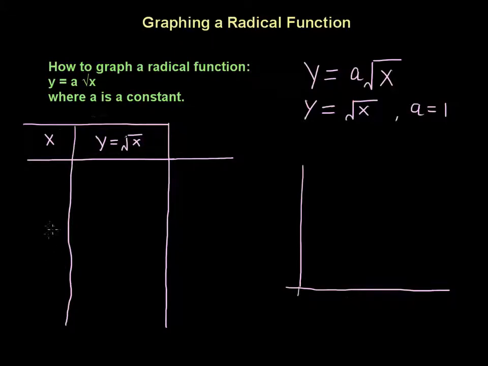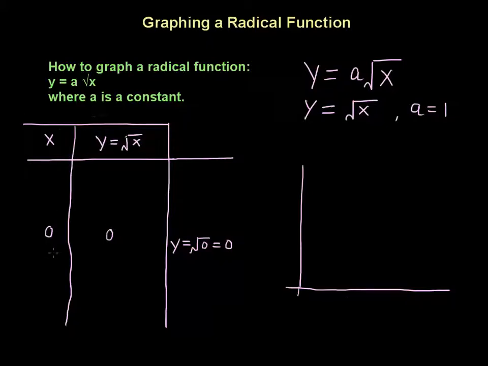I'm going to begin with 0 first. I'm writing 0 here in the middle, because I'm going to choose some negative values on one side and positive values on the other. If I have x equal to 0, what happens to y? y is the square root of 0, which is simply 0. So when x is 0, y will also be 0, right?